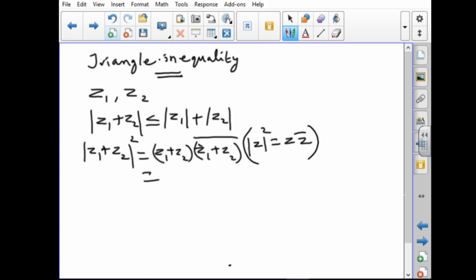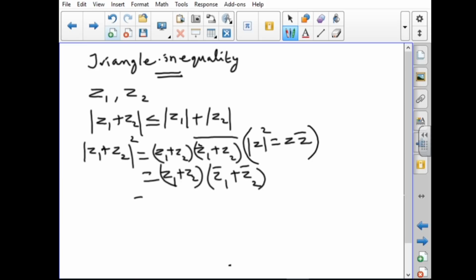this is written. Now, z1 plus z2 into, we have seen in the previous exercise, the conjugate of the sum of two numbers can be written as the sum of the conjugates. So that is, z1 plus z2 the whole bar is nothing but z1 bar plus z2 bar.